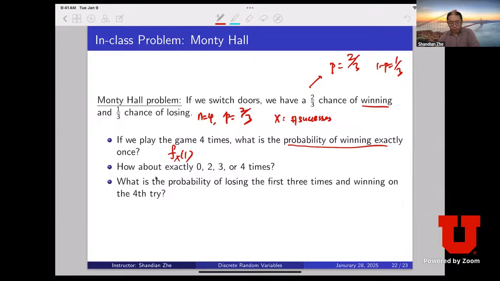So the PMF at 1 is the probability of X equals 1, which according to our formula, you first calculate 4 choose 1, then times p to the power of 1, times (1 minus p) to the power of 3. If you look at this, it is 4 times 2/3 times (1/3) to the power of 3. It's a little bit tedious to compute, but this is how we compute that.